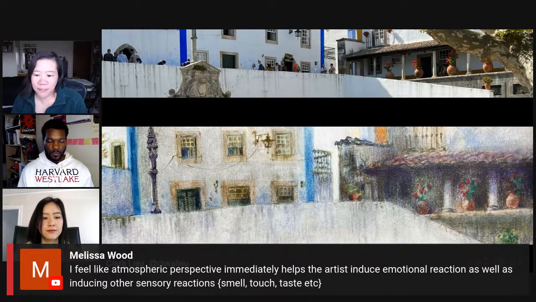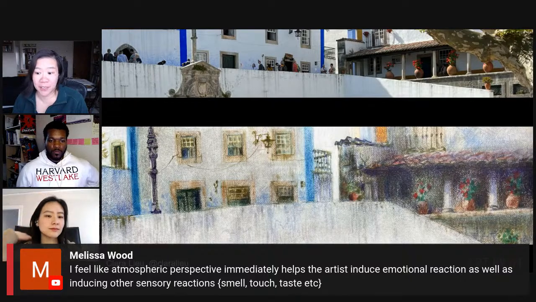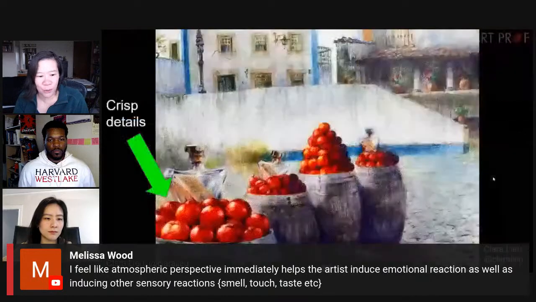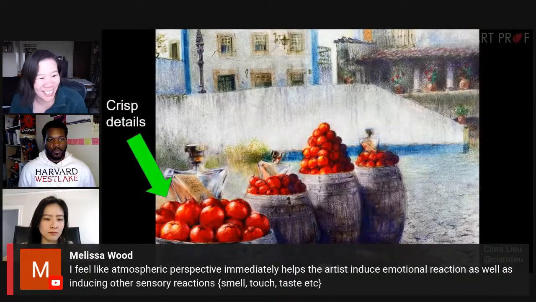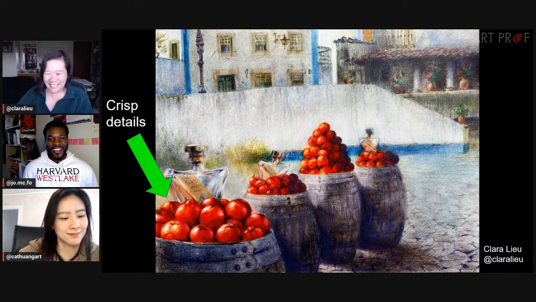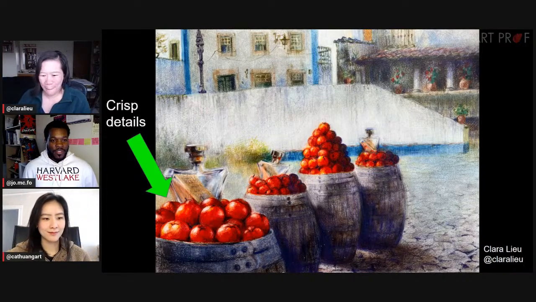Melissa says, I feel like atmospheric perspective immediately helps the artist induce emotional reaction as well as other sensory reactions. Yeah, so we've been talking a lot about the look of things, okay? But Jordan, why do you think these oranges could entice us with those sensory reactions versus the pots in the far distance? I think a lot of it has to do with the saturated colors.